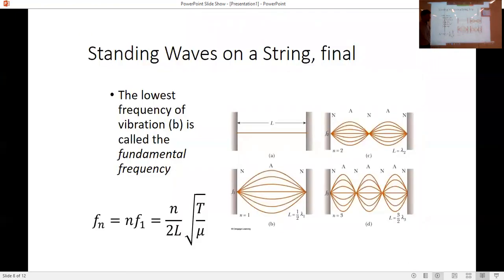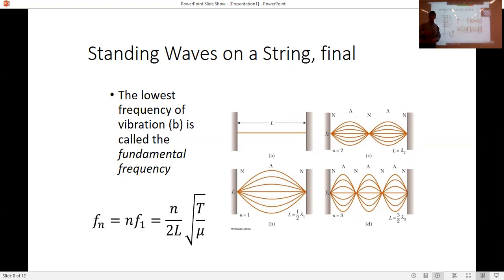Okay, so for standing waves on a string, the length of the string we're going to call L, and we basically say that lambda is equal to 2L divided by n. We can also say that the frequency, if we hold the tension fixed, will be equal to some integer n times the fundamental frequency.